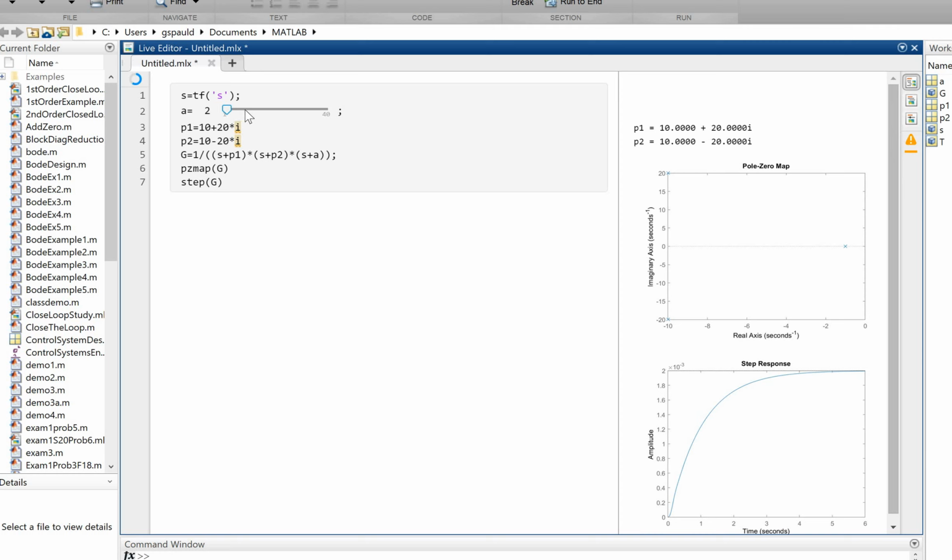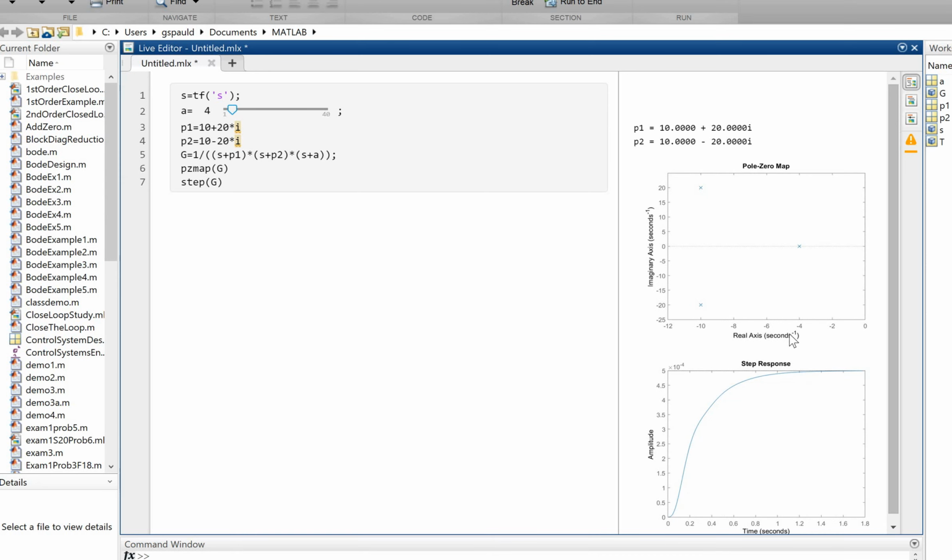I'm going to move my real pole up a little bit in magnitude, and that pushes it out here. I moved it up a little too far. Let me push it back just a little bit. There we go. I push it, let the system update, and I push it out here.